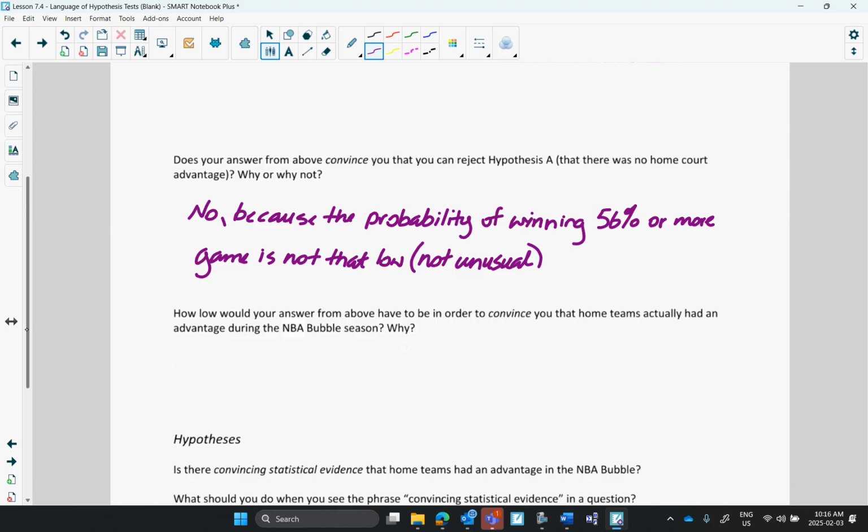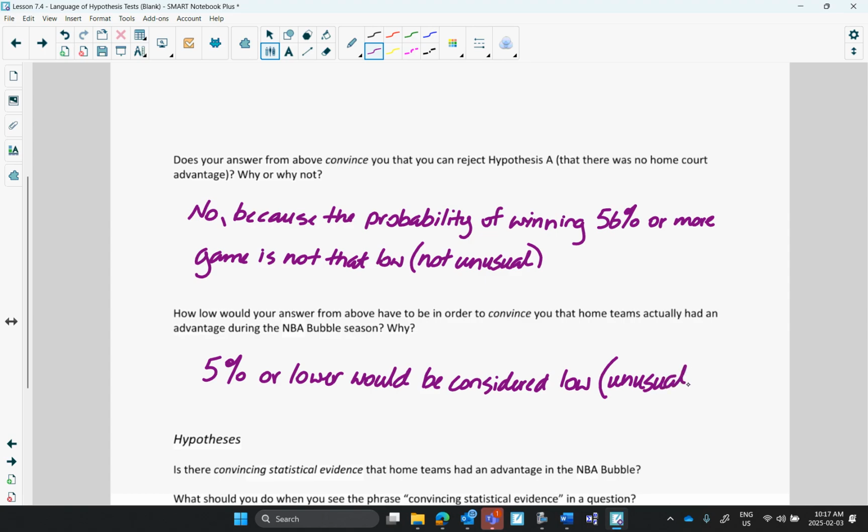It can be 1%, but 5% is generally the accepted guideline. 5% or lower, because it would be considered low or unusual. Okay.